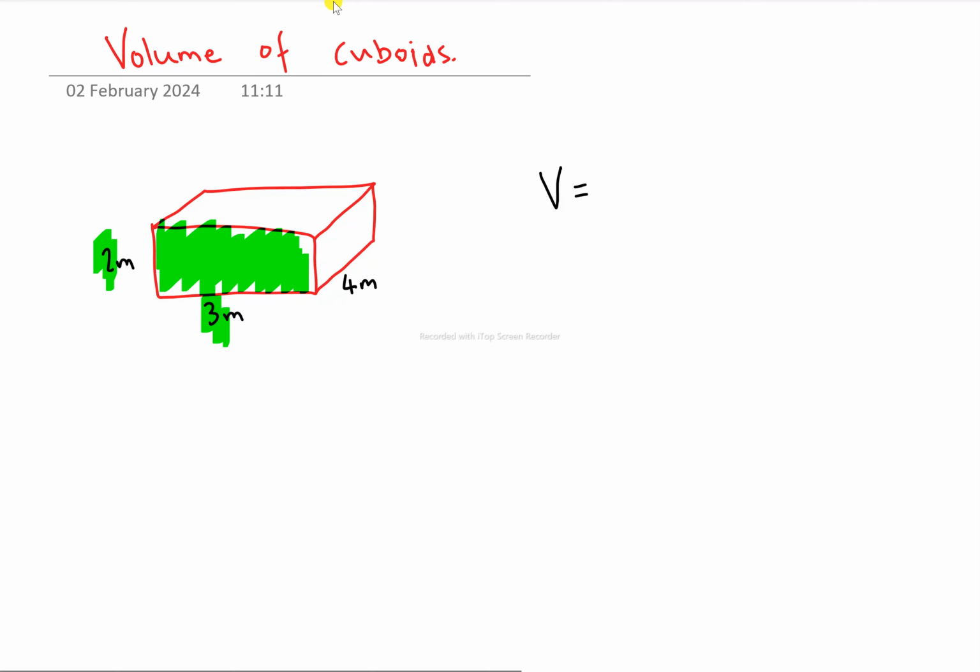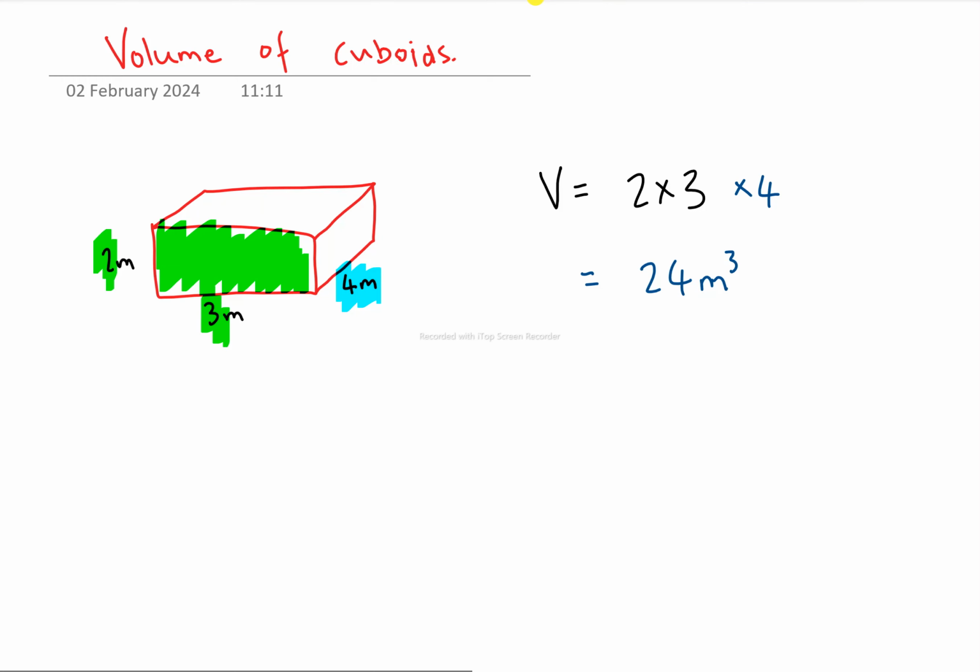So we're going to do 2 times 3 first, which is 6. Then we multiply it by the depth. Right, so we multiply it by 4. And the answer is 6, 12, 18, 24 meters cubed.